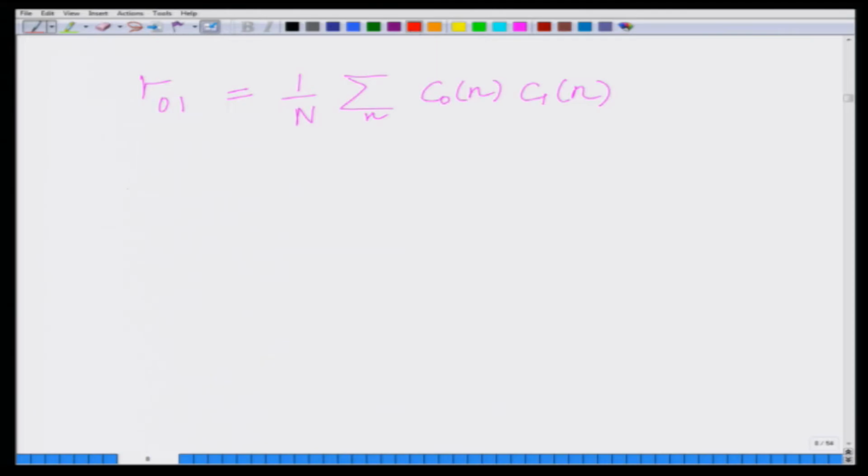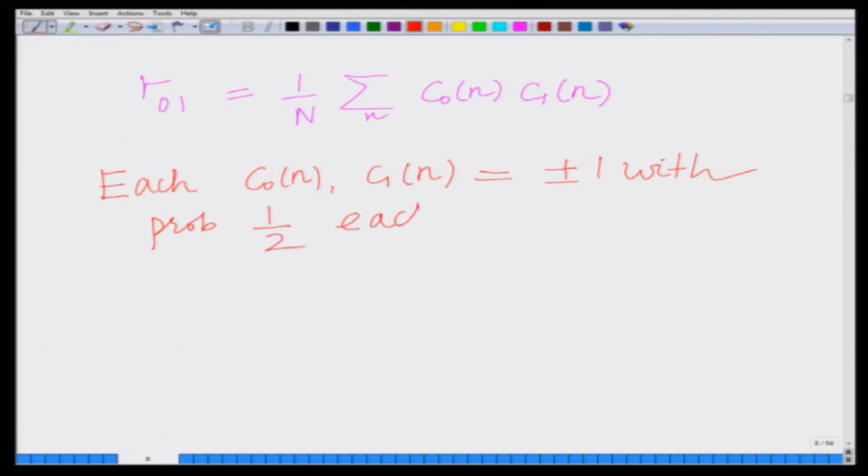Now, we know that each c naught n, c 1 n equals plus or minus 1 with probability half each, because these are pseudo noise sequences.